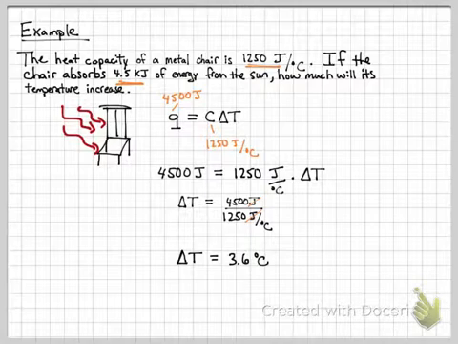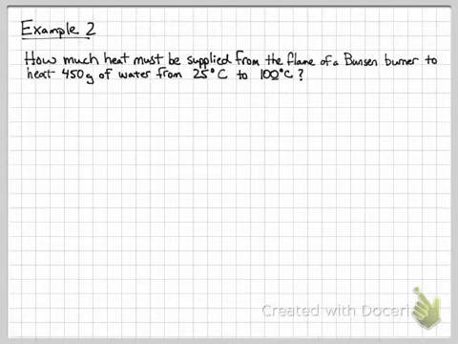Now we'll do an example in which we use the specific heat capacity, or the specific heat of a substance. So example 2. How much heat must be supplied from the flame of a Bunsen burner to heat 450 grams of water from 25 degrees Celsius to 100 degrees Celsius?